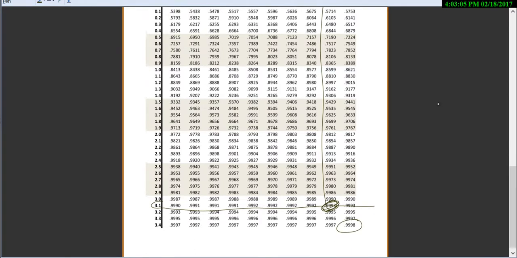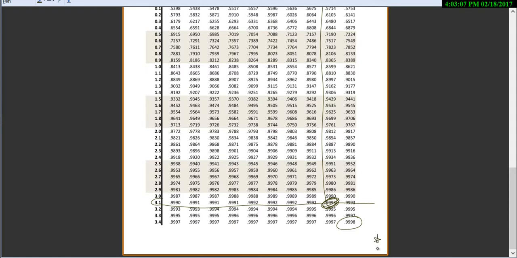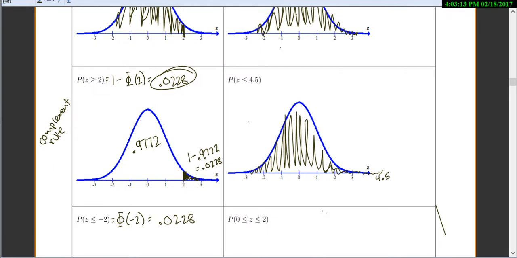So 4.5 is probably somewhere over here, and that's going to be even closer to 1. And so in situations like this, you say, okay, that's the CDF at 4.5, but it's basically 1. Because it was off the charts, and I can tell by looking at the picture that it should be almost everything here, so it should be basically 1.